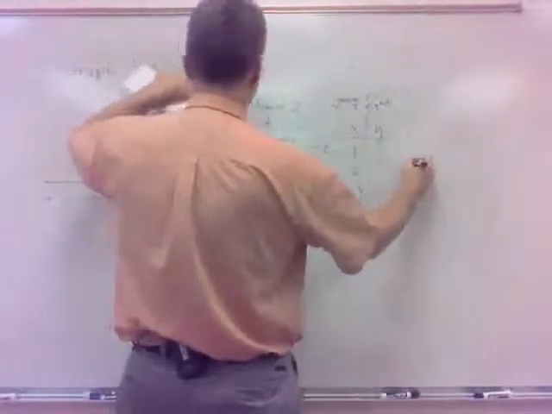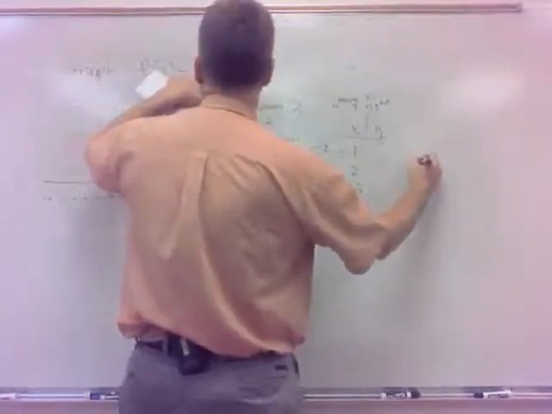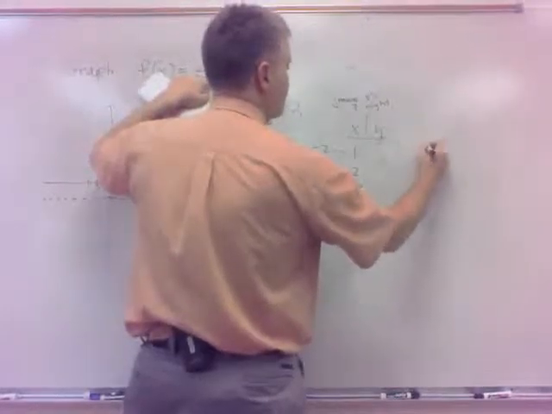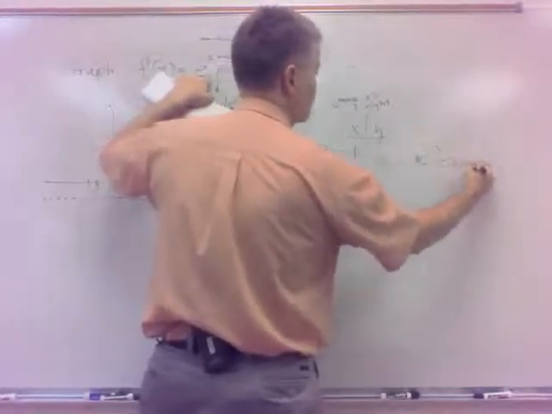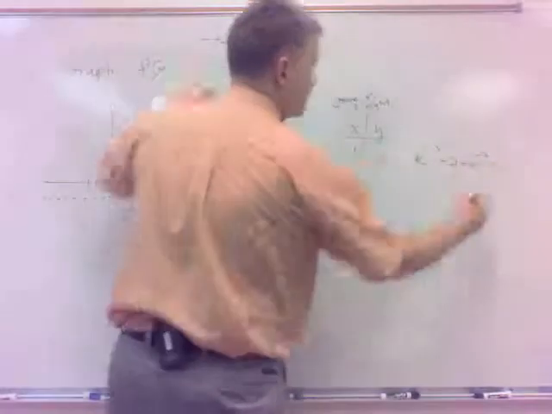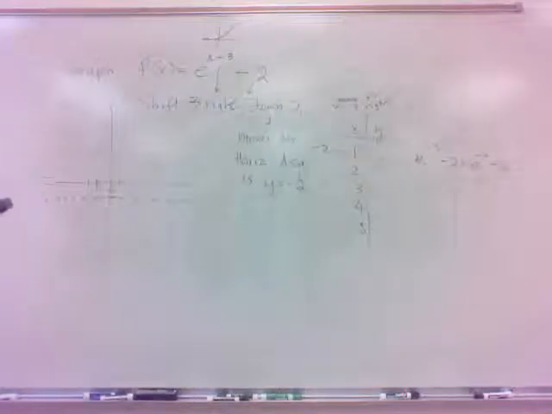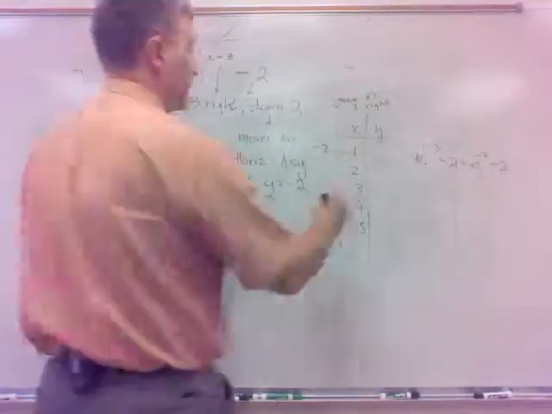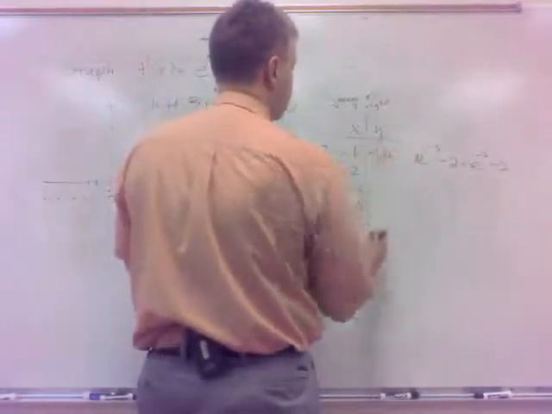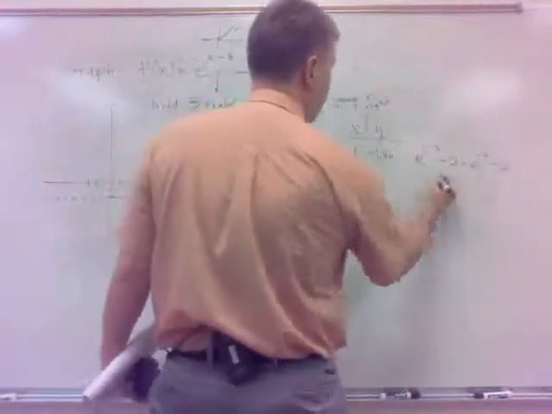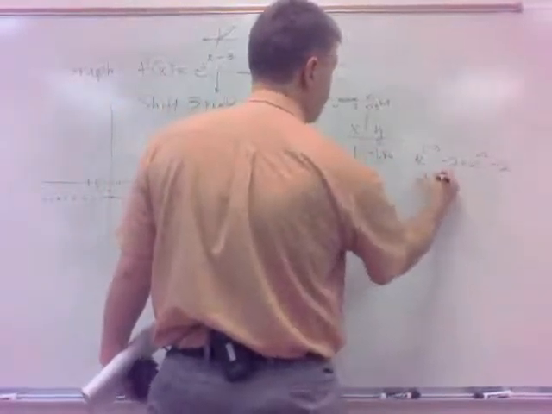All right. So if x is 1, we have y is e to the 1 minus 3, minus 2. So that's e to the minus 2 minus 2, just plug that in. It's negative 1.86. So at 1, I'm at negative 1.86. At x is 2, we'll have e to the 2 minus 3, minus 2.